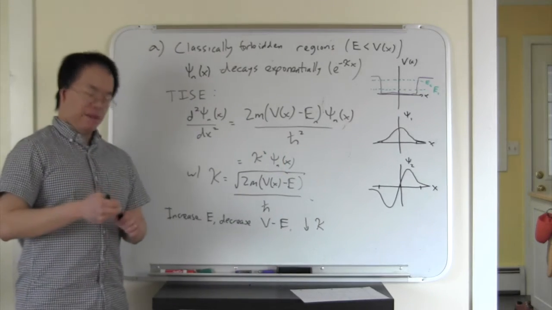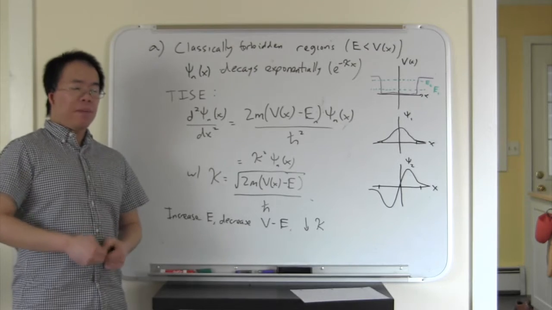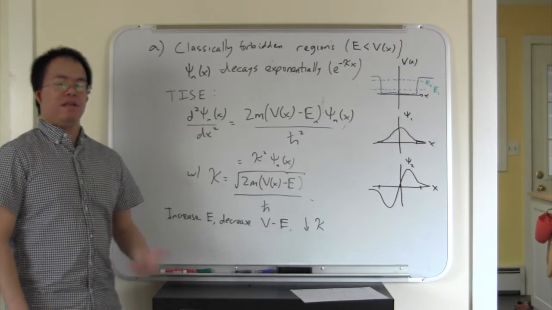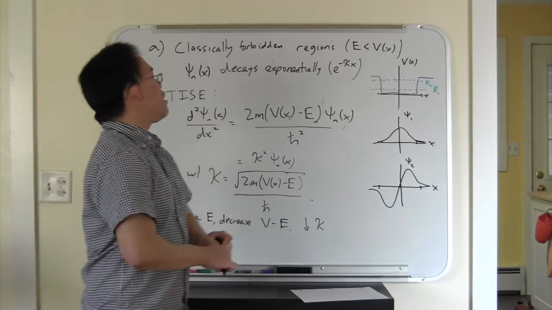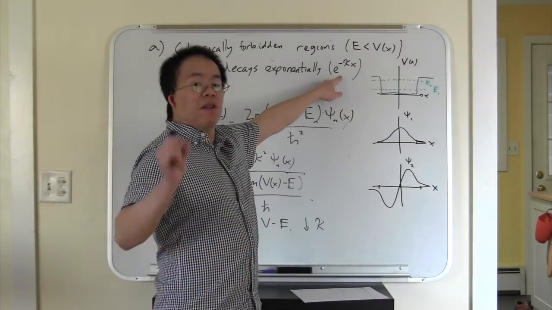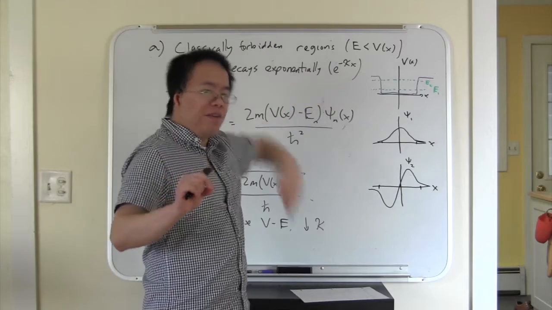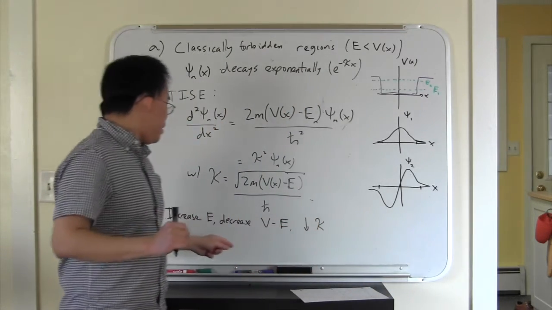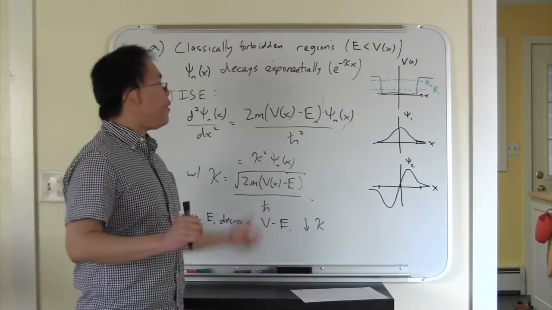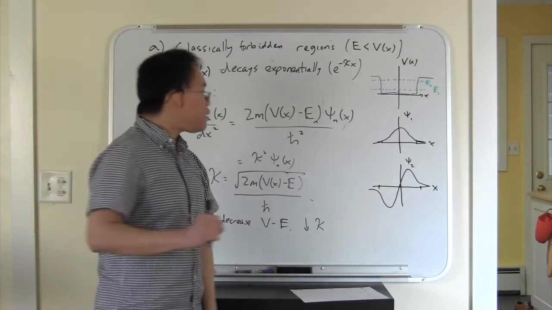And if you think about what decreasing kappa means for an exponential decay, for something that goes like this, the larger kappa is, the faster it decays away. And so if I decrease my kappa, that means that I'm going to decay away more slowly.